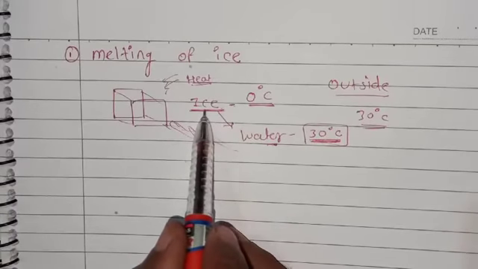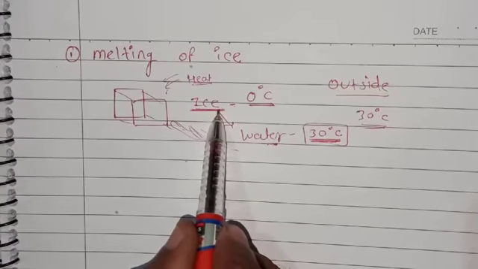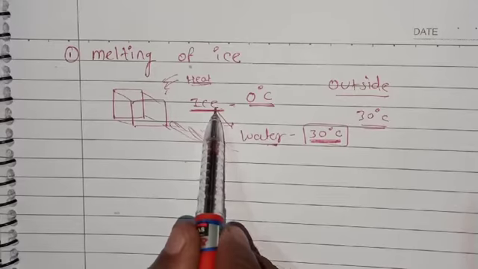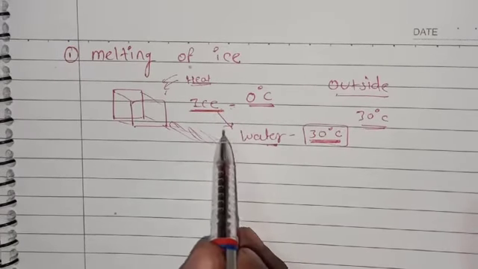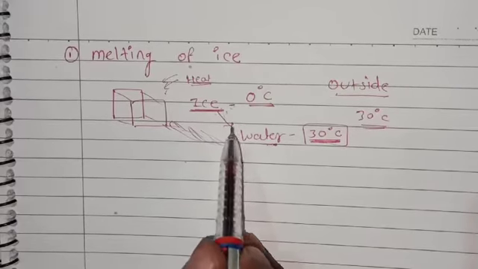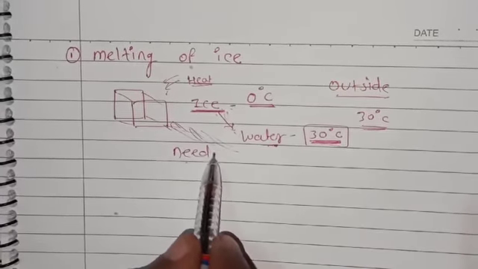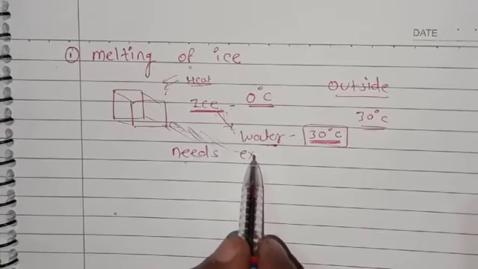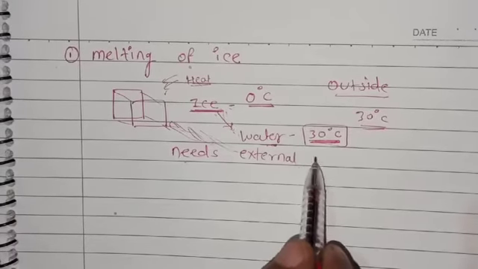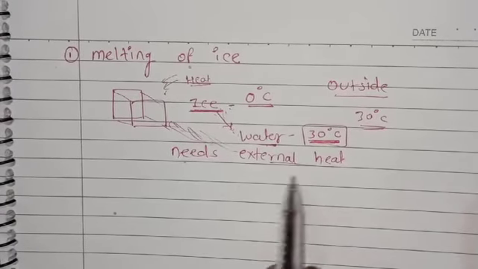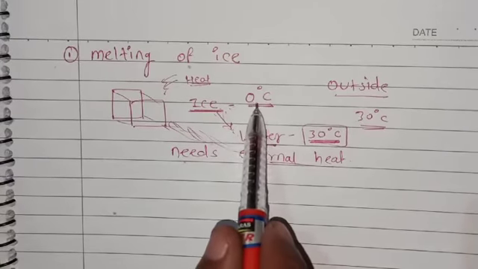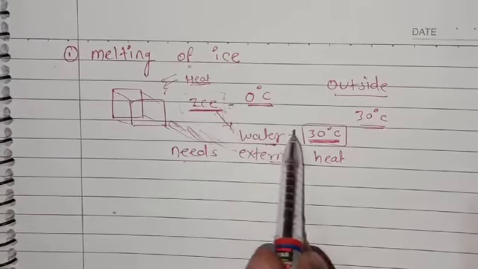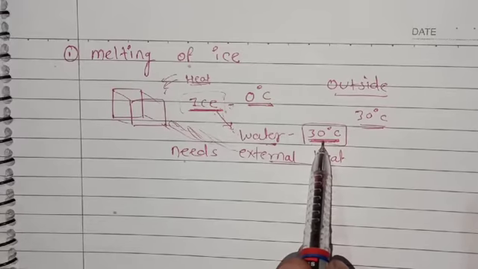Means ice doesn't have any heat inside it, it gets it from outside and it becomes water. So this process needs external heat. Okay, if there was no heat, then ice could not be converted into water.